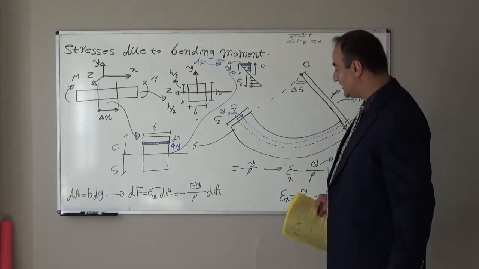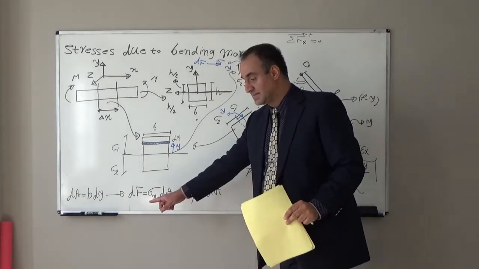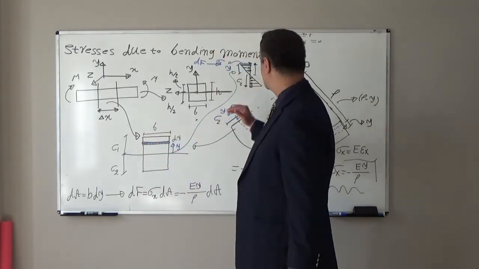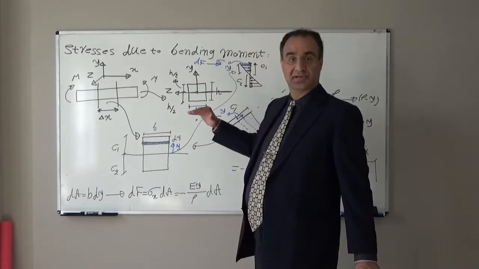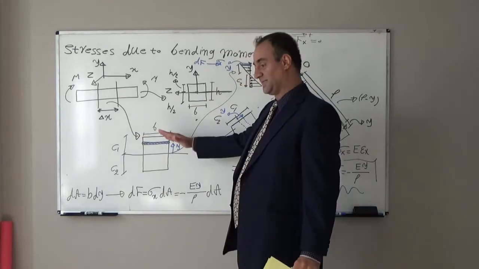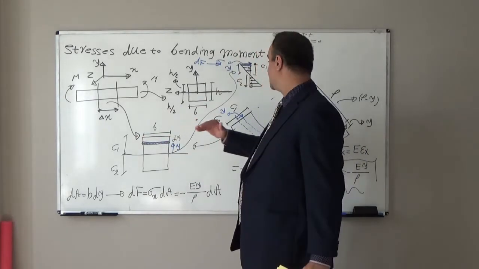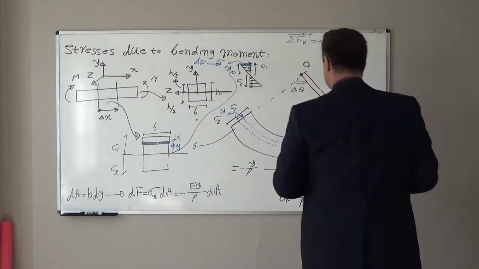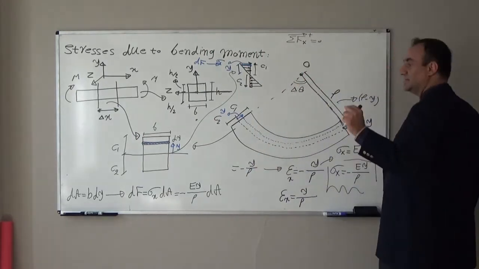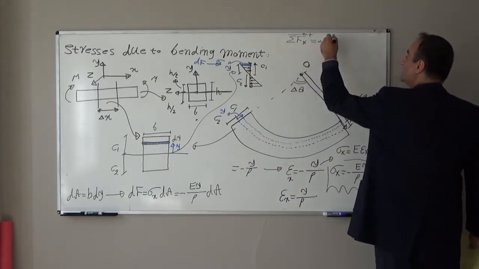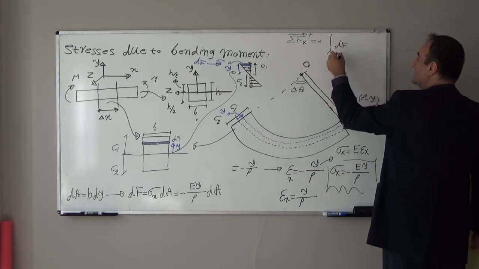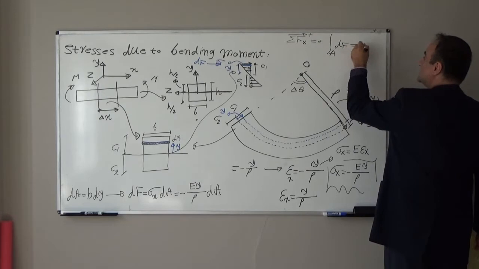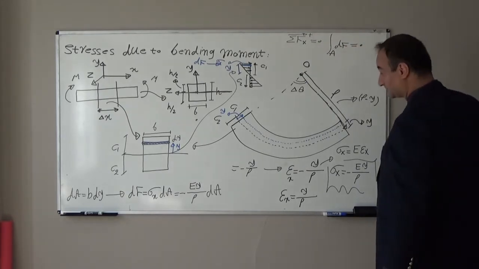We have an infinite number of dF in the entire cross section; adding them all together means integration of dF over the entire cross section is equal to 0.